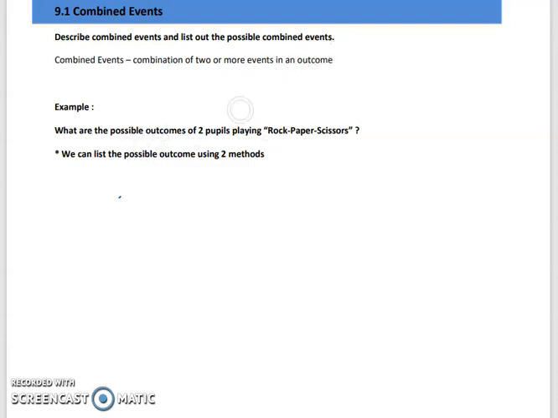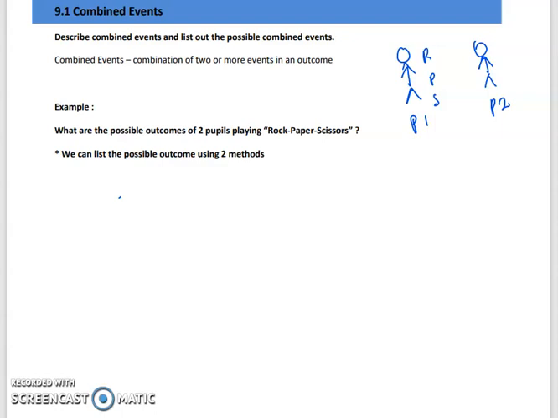Right, so for example, what are the possible outcomes of two pupils playing rock, paper, scissors? So you know that when two people play rock, paper, scissors, I have pupil number 1 and I have pupil number 2. For the first pupil, any result will come out, right? So pupil 1 might show rock or paper or scissors.